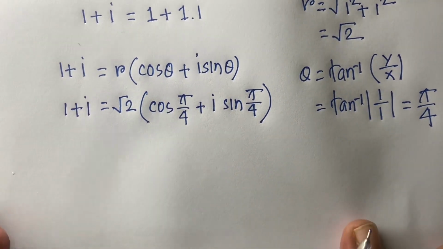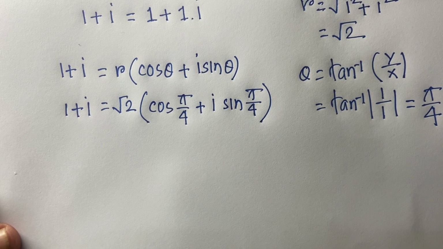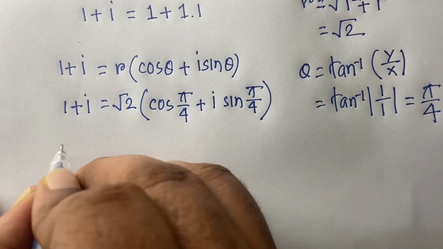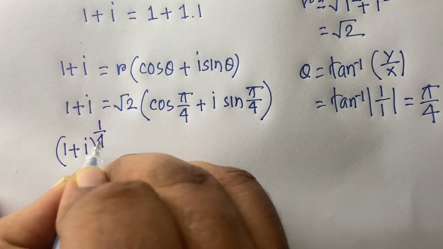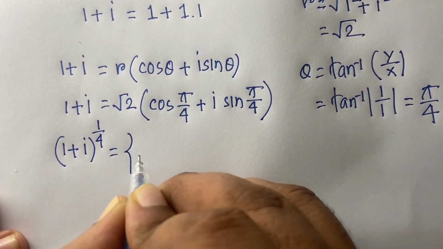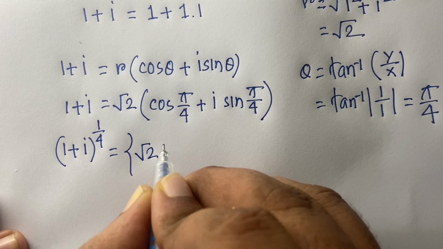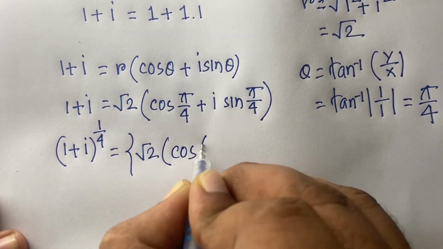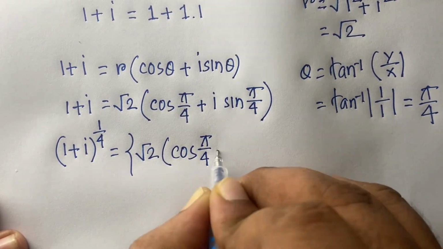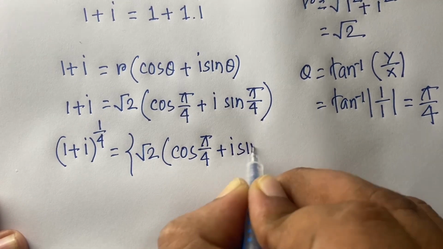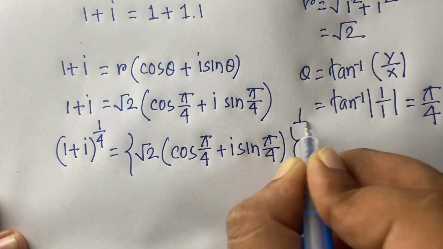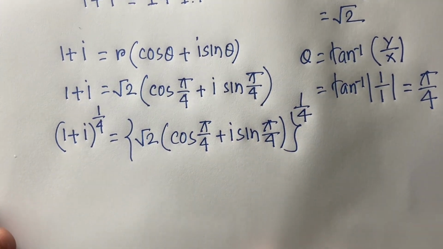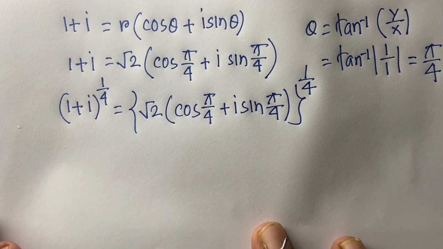Now I take both sides to the power 1 over 4.